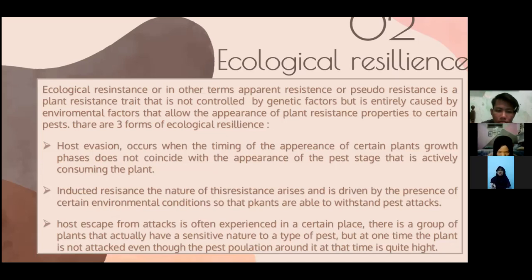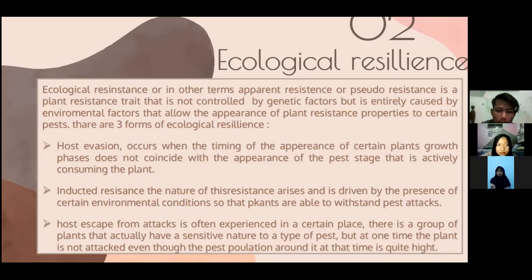There are three forms of ecological resistance. One, host evasion, occurs when the timing of the appearance of certain plant growth does not coincide with the appearance of the pest that is actively consuming the plant.